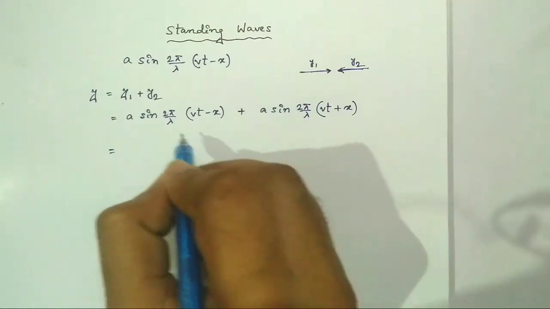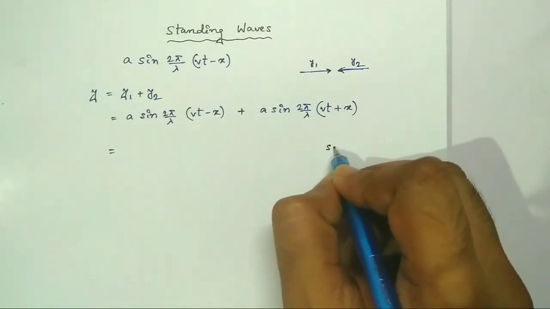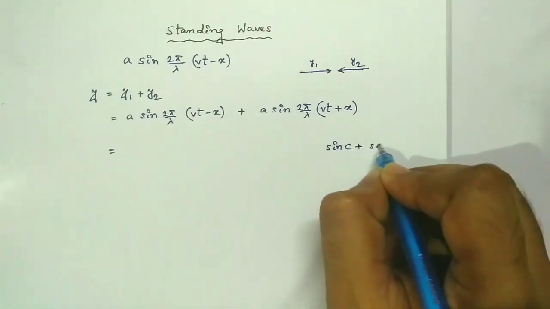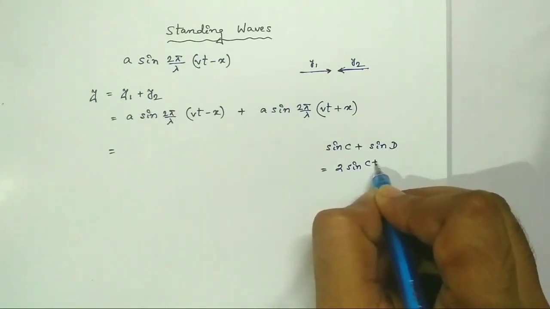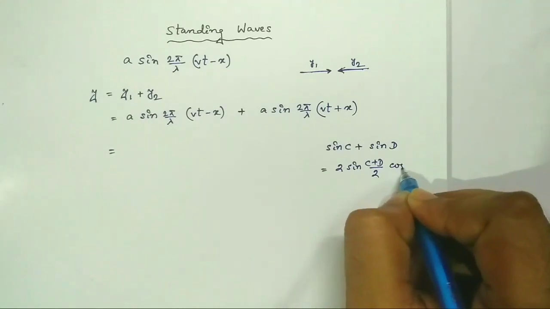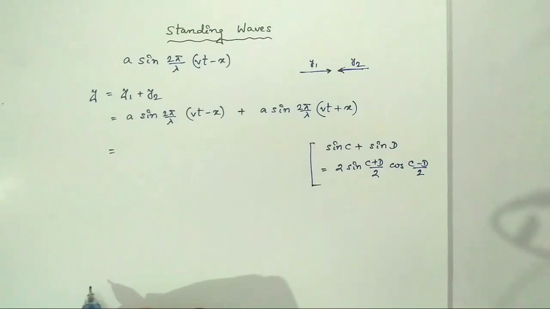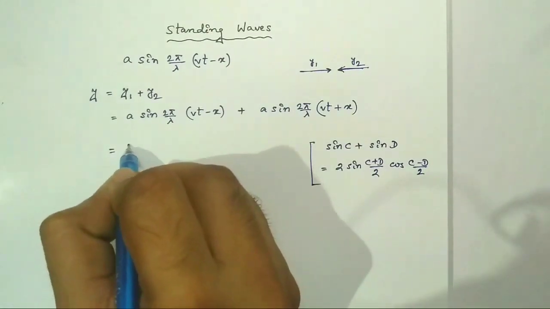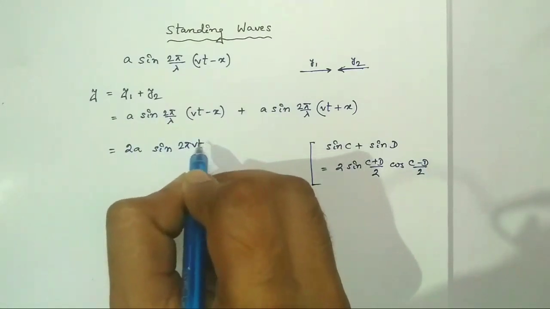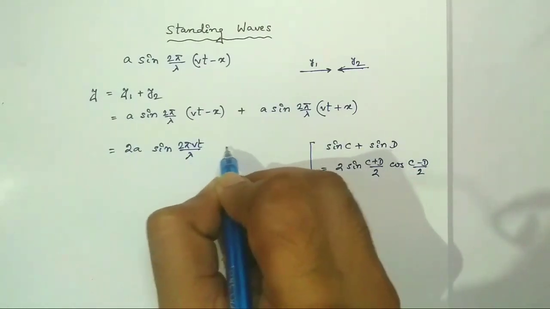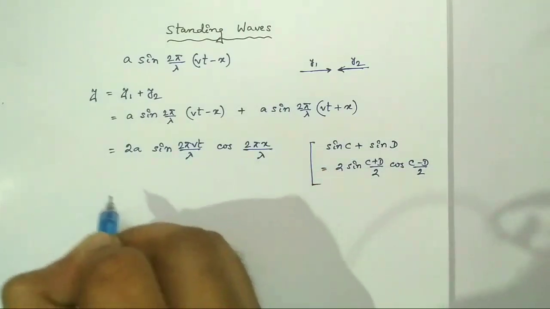Now, sine c plus sine d. What is the formula of sine c plus sine d? It is given by 2 sine (c plus d)/2 into cos (c minus d)/2. That is 2a sine 2 pi Vt by lambda into cos 2 pi x by lambda.